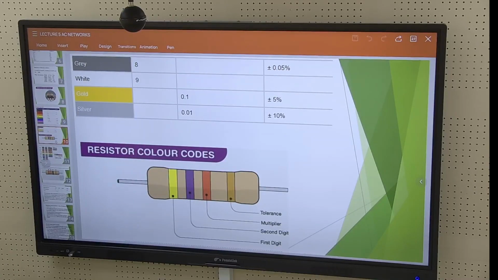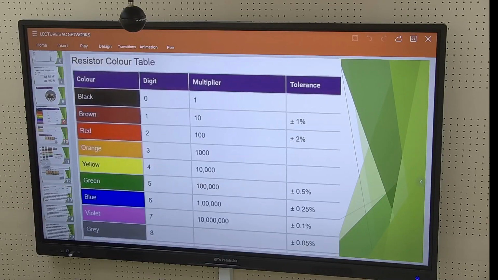So if it is brown, it's 1, orange 3, then multiplied by 1000, and then tolerance. That is how it looks.